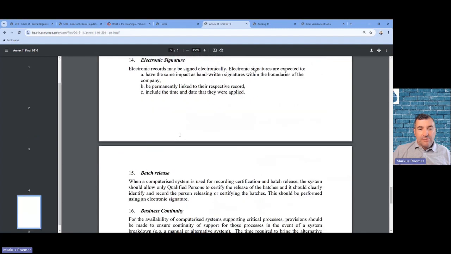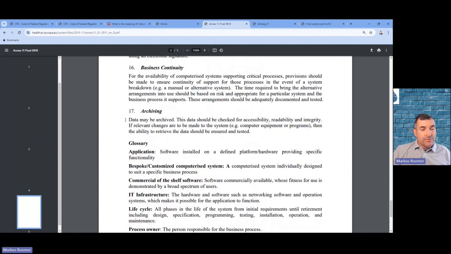What I found here also interesting, we might also do a session about that, is archiving, where you read data may be archived. This is not mandatory. I take this as an example because it's very often misunderstood, because we might do a session about that: the retention period is something else than an archiving system.